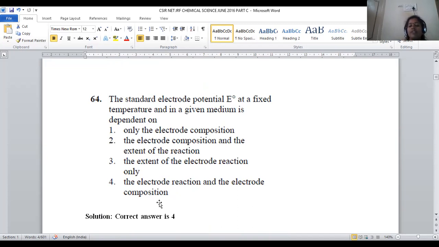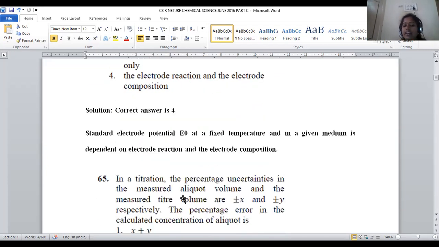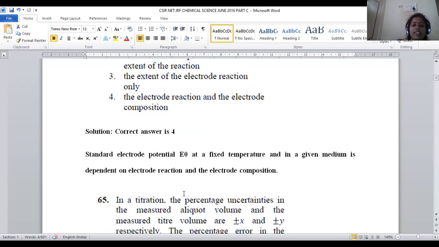And the electrode composition, whether it is made up of solid, liquid, or gas, also matters, right? So the standard electrode potential at a fixed temperature and given medium depends upon electrode reaction and electrode composition. For question number 64, option number 4 will be the correct answer.